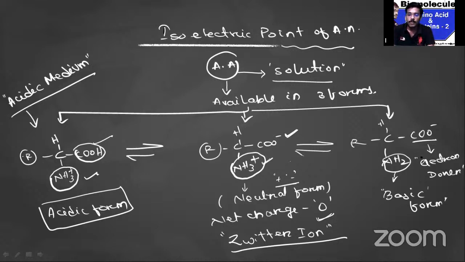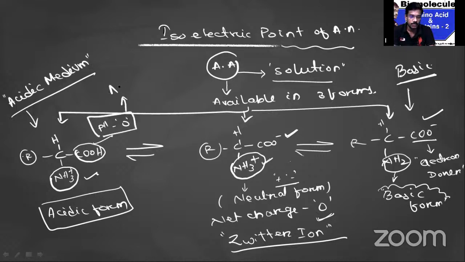If we put this amino acid in a basic medium, then this form will dominate. Suppose we put the amino acid in pH 0. That is the acidic medium.